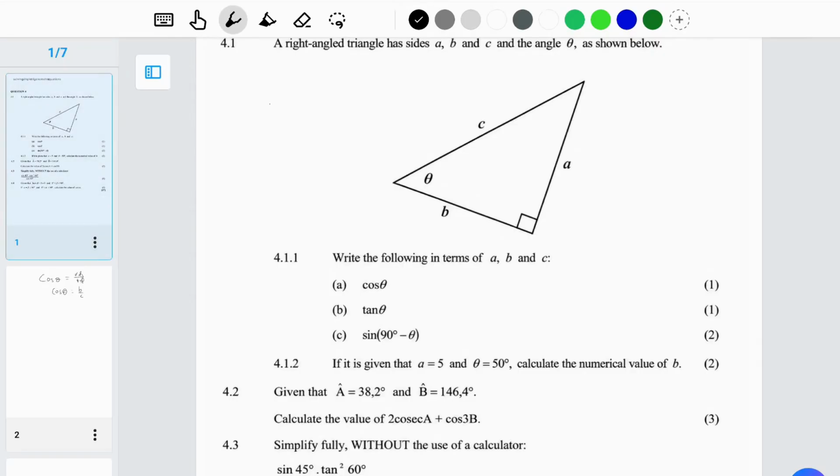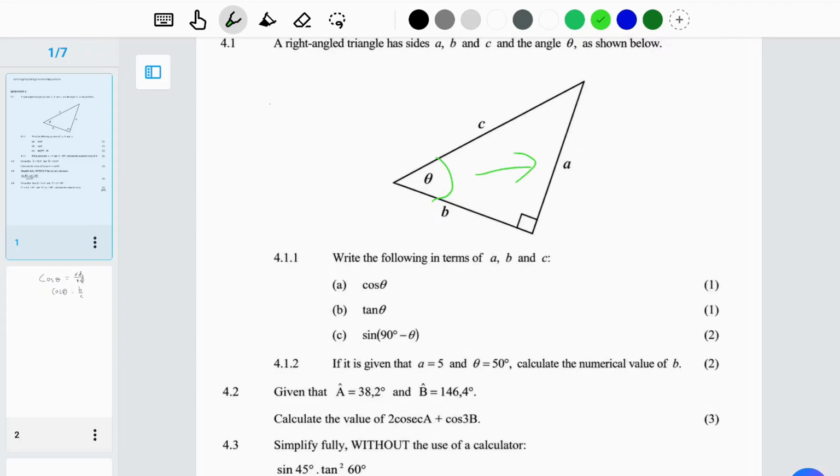The next one says tan theta. If this is your angle over here, we know tan will be opposite over adjacent.